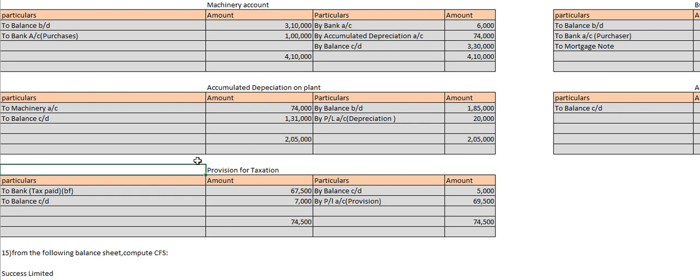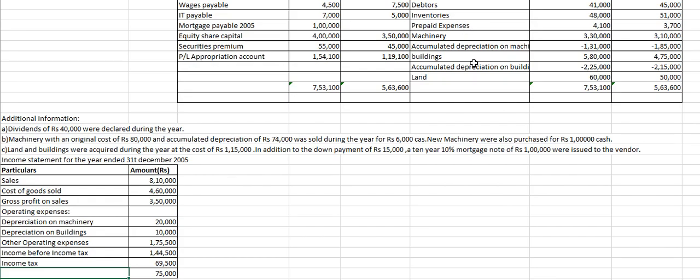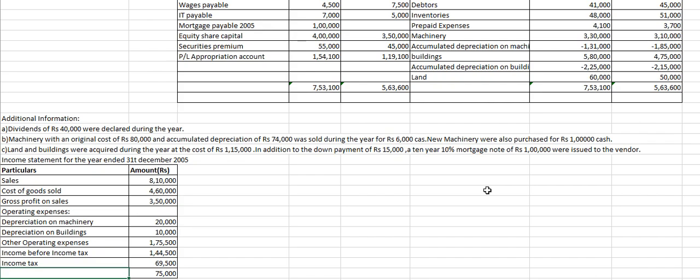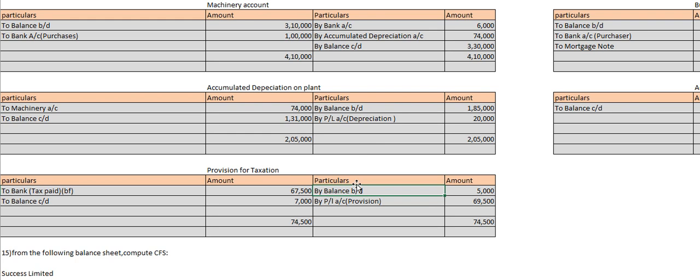Moving on to your next account, provision for taxation. So by balance brought down, which is 5,000, and your IT payable, by balance brought down 5,000, to balance carried down 7,000.